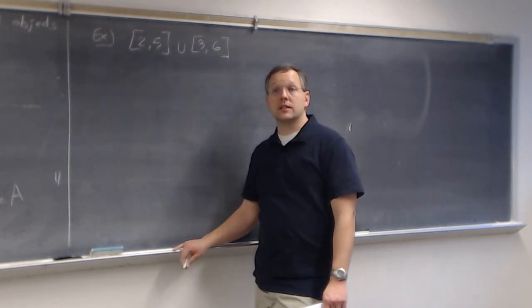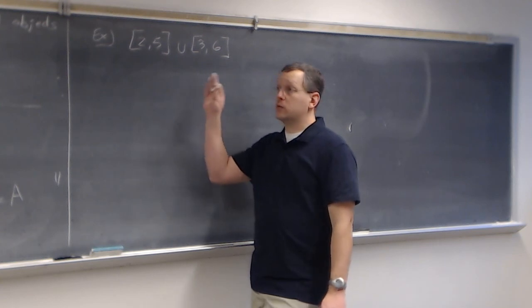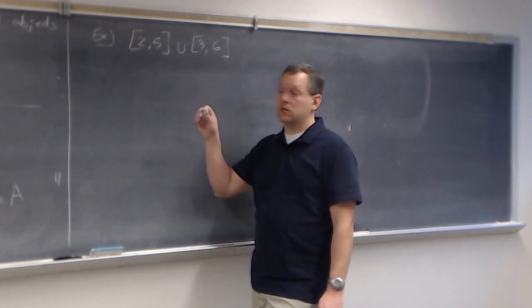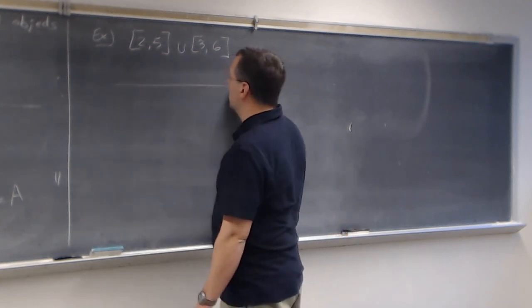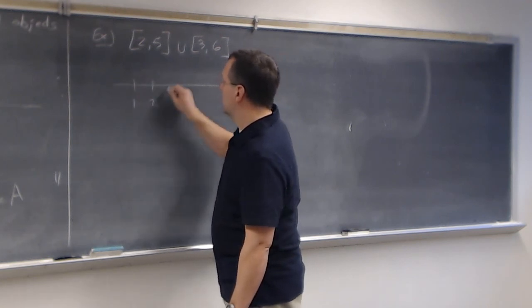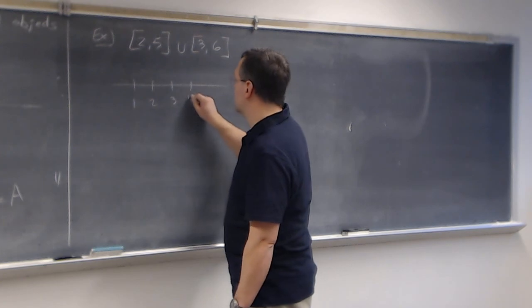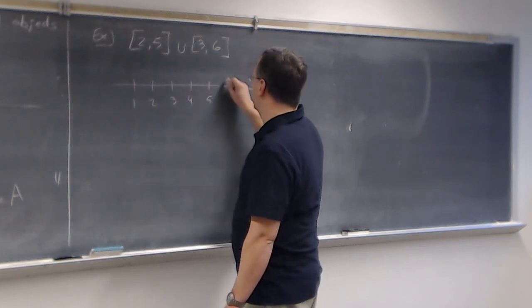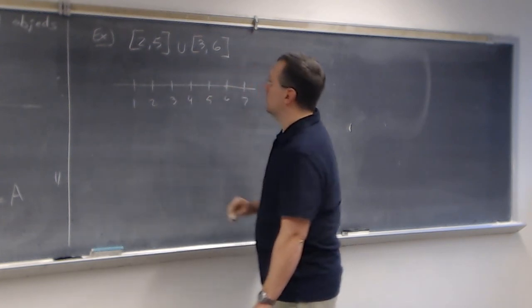So the interval from 3 to 6 is all the numbers between 3 and 6, including 3 and 6. It might be helpful to draw these sets. You're probably used to seeing these on the real line.